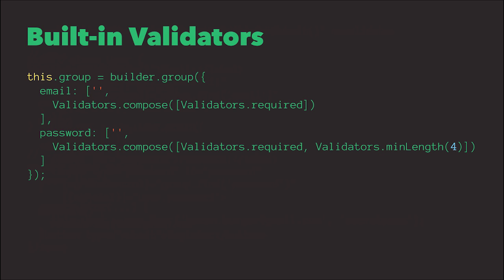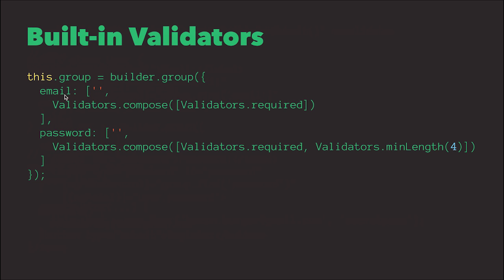The other exciting part about forms in Angular is validation, and just like Angular 1.x, Angular 2 has a lot of built-in validations. And the way you set validations on a field is by adding a second item to the list in the field definition.